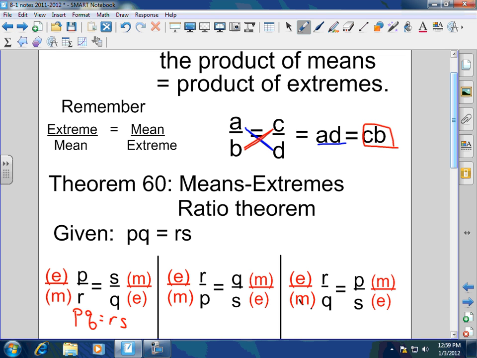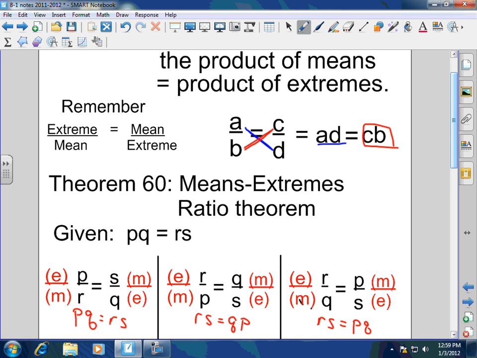Well, check this one out. If I go R over P equals Q over S, I still get RS is equal to QP. Same thing. And then if I switch them out one more time, R over Q equals P over S, I'm still going to get RS equals PQ or QP.